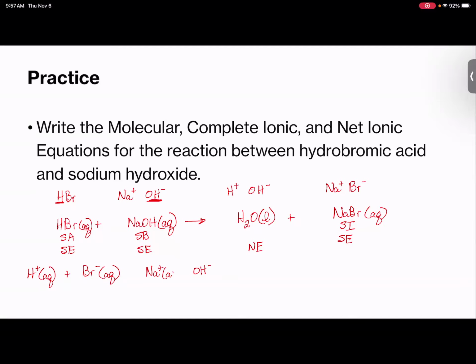The ions will have the same state of matter as the parent compound. That goes to make water. Since water is not a strong electrolyte, water is brought down into the equation. And then you have your sodium bromide, which is a strong electrolyte that dissociates into sodium ion and bromide ion. The ions will have the same state of matter as the parent compound. That is your complete ionic equation.